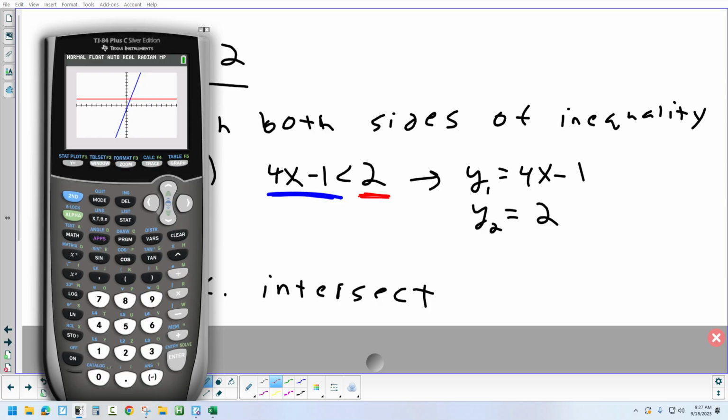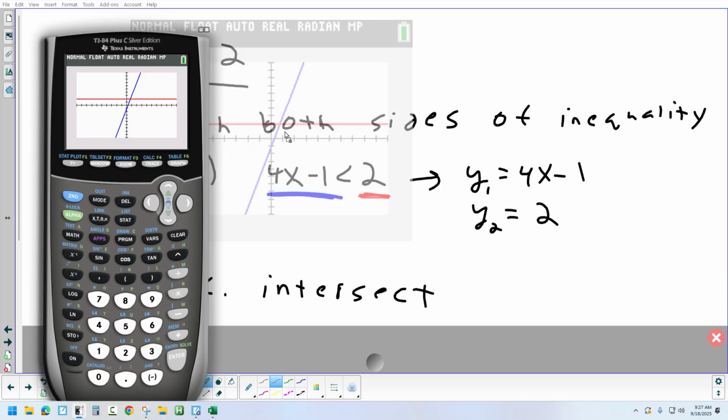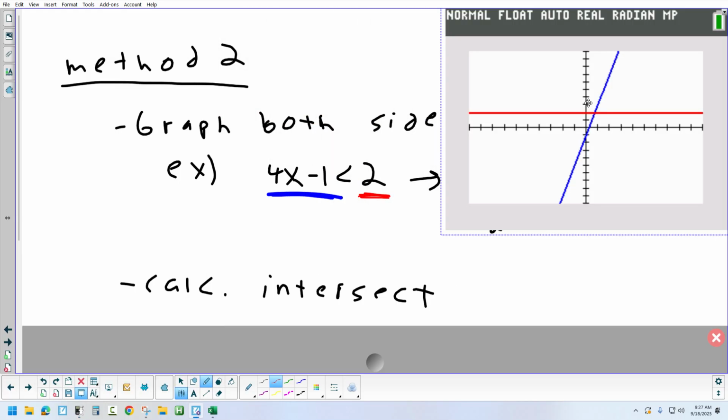In this case, I want less than, because that's where it's underneath. So my answer is going to be everything in this section. I want to know what x values will land me in that section. And that's x values from here and down. The further to the left I go, the further underneath the red line I end up.